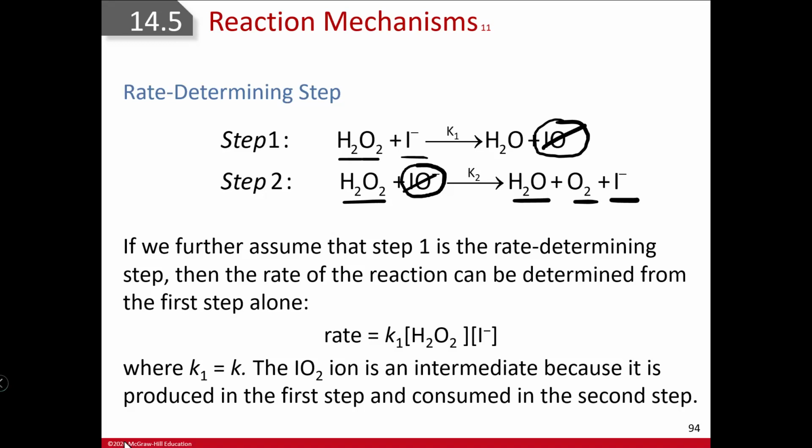And the reason why is, since the overall rate of the reaction is this, then this must be the slow step. And the slow step is the rate determining step. So because the rate law looks like this, we know that step number one must be the slow step.